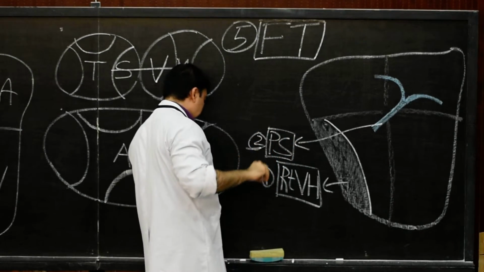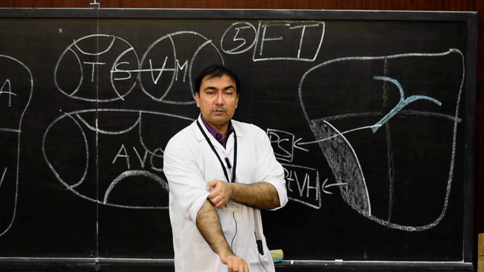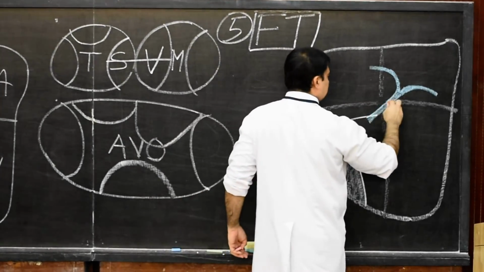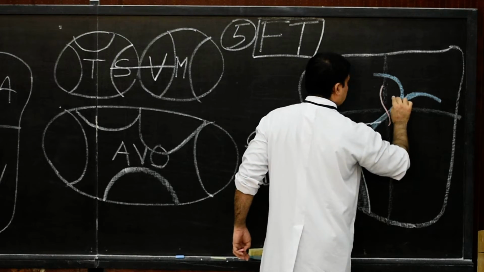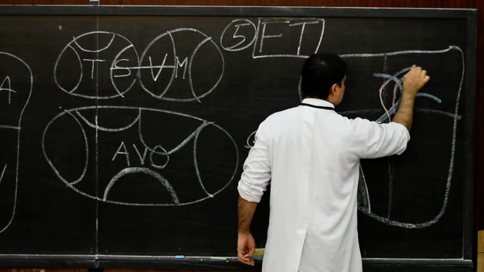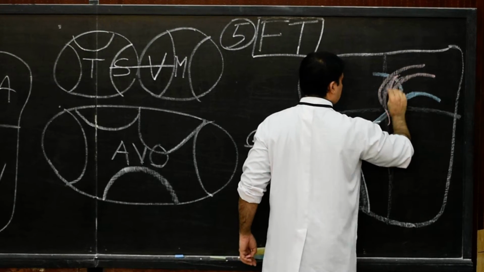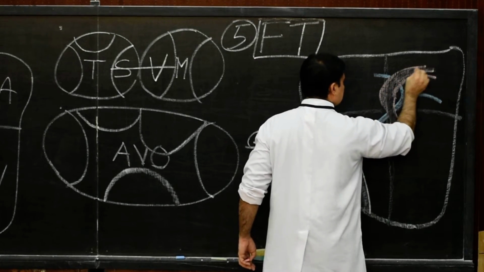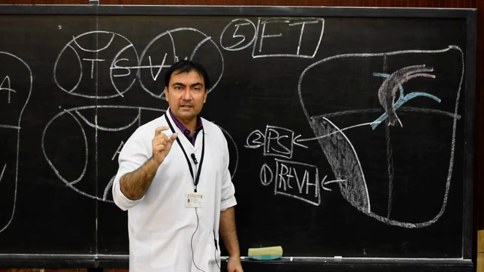Then third point, I will name it as overriding of aorta, in which the aortic orifice will be shifted more on the right side towards the interventricular septum. So here I will show that there will be overriding of aorta. Now remember, this is just an anomaly, so we are showing it in the form of a very rough diagram.